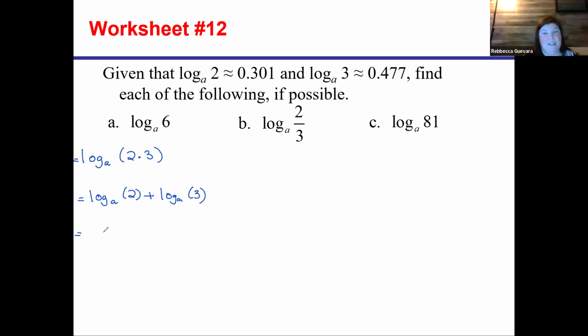Well, we know log base A of 2 is 0.301. Log base A of 3 is 0.477. We add that together, we get 0.778.